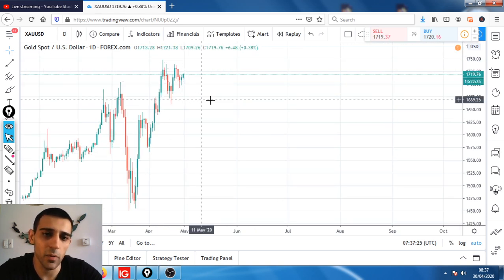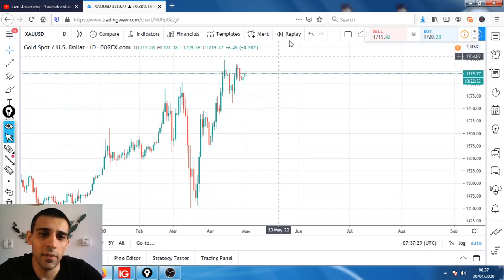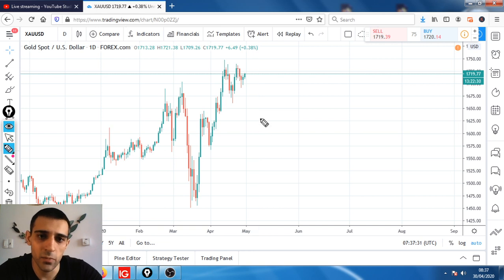Okay, so I just pulled up the daily time frame of the gold. And yeah, it does have the uptrend, but we see we made this double top in here. So price already tested this high, and it looks like it's coming up for another test of these highs here.